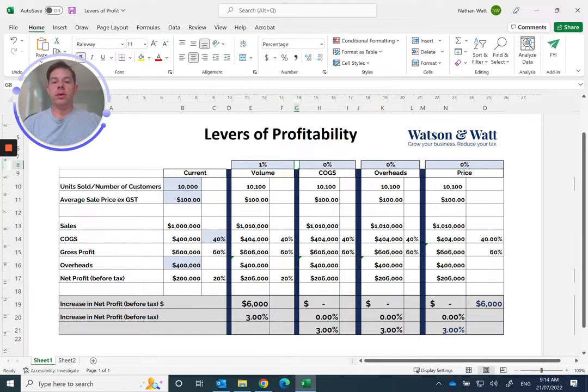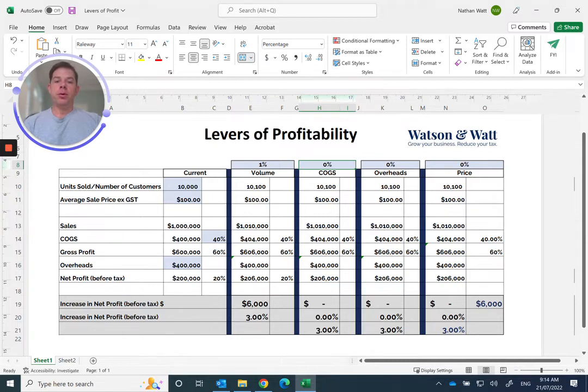But what you'll notice here is that because cost of goods sold are a percentage, they also increase by the relative amount. So your gross profit also increases from 600,000 to 606,000, same amount of overheads. So you make $6,000 more profit, which is 3%. That's not terribly exciting. And you think, well, why would I bother?